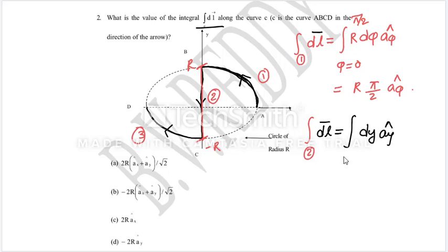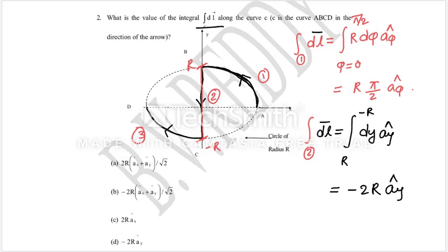The limits are from R to minus R. So the integral of dy is y between the limits, and what I can write is minus 2R in ay. But this is for the second path.